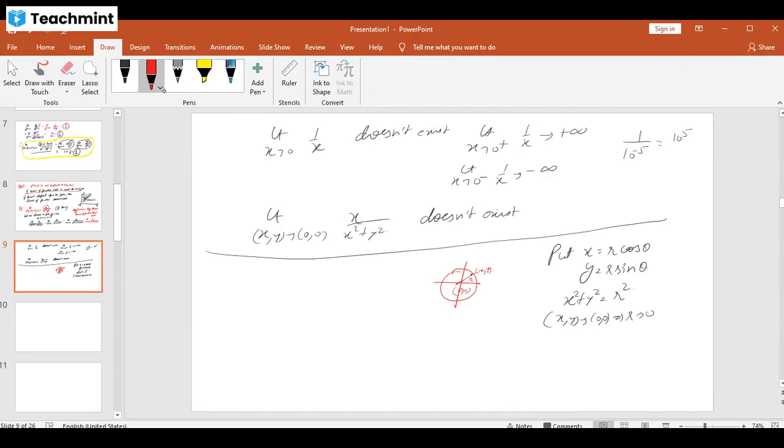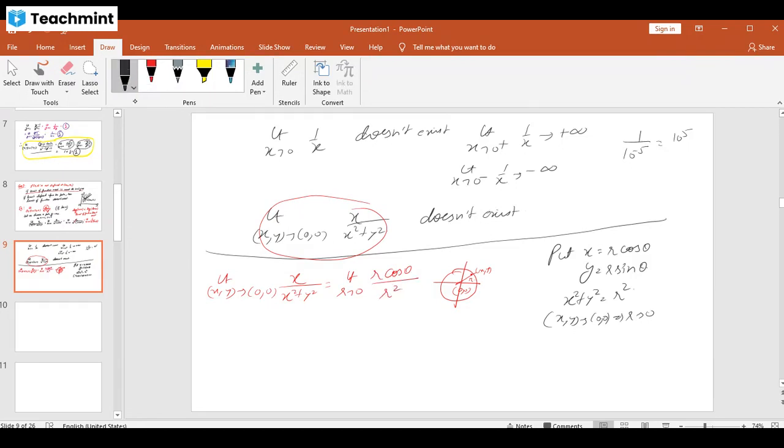So this problem is now converted into the limit as (x, y) approaches (0, 0) of x upon x square plus y square. Now this is equal to the limit as r tends to 0. What is x? This is r cos theta. And what is x square plus y square? This is r square.